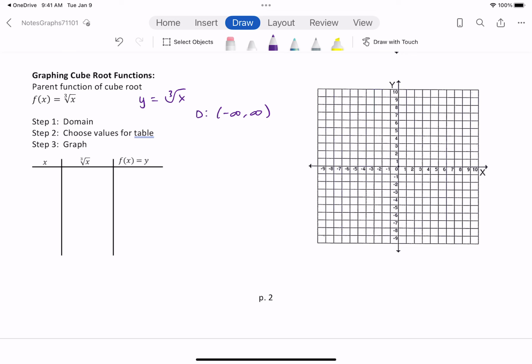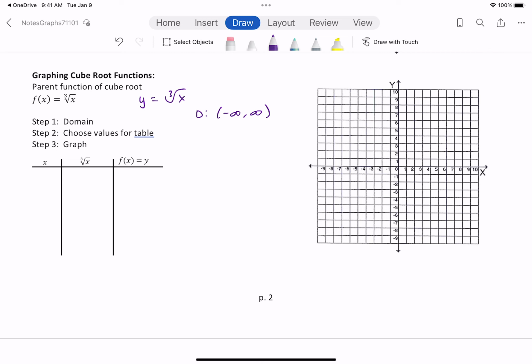But just like with the square root graph, we can choose numbers that will make our life simpler because they work nice. And since we're going to be taking the cube root of the value that we use, we want to choose values that are perfect cubes. Now, not only do we want them to be perfect cubes, but we need them to be able to fit within this little 10 by 10 graph, right?